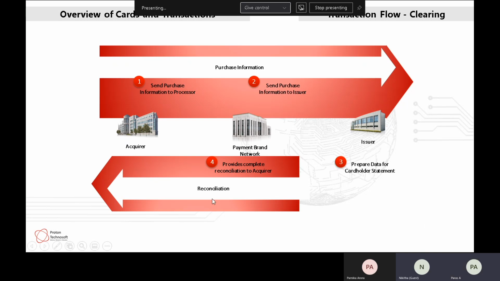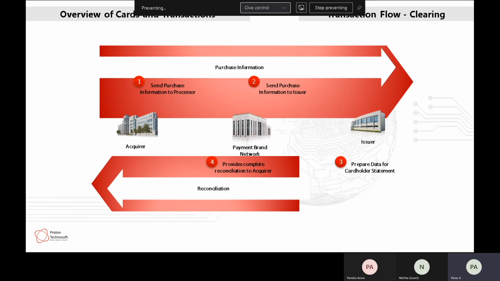So on T plus 1, the reconciliation of the payment happens. All three entities say and agree to a particular amount. Now there might be a situation where a dispute happens, where HDFC says, I have sent 1,000 rupees to Visa. Visa says, no, I have only received 900 from you.